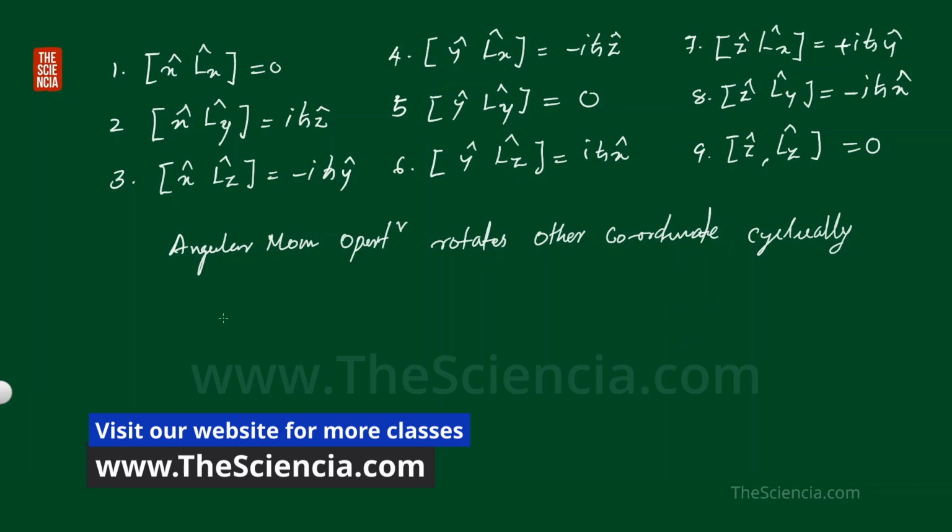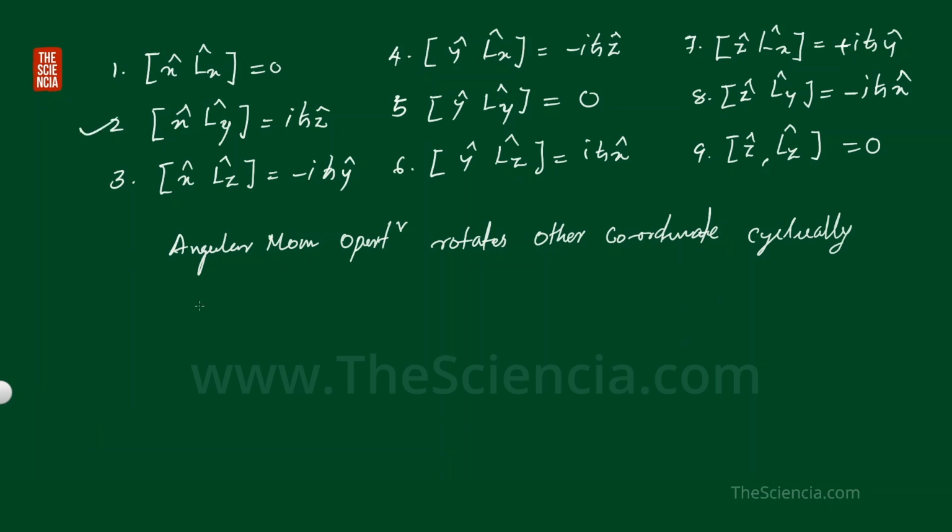Let us consider one example, this one, that is [x cap, L y cap] is equal to i h cross z cap. So this is our angular momentum operator, right? Here we know x cap is there, y cap is there, and z cap is there. So x cap L y cap. So L y cap rotates x cap in a cyclic way, that is it becomes z cap. That is why we got z cap here.